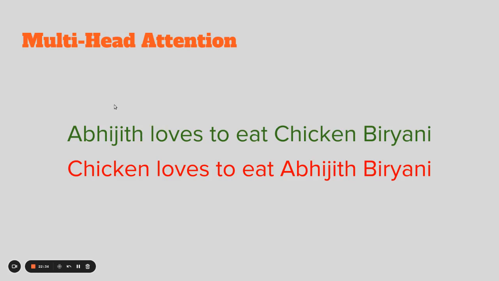Let's imagine that we are calculating an output. Assume that this is our input sequence: h1, h2, h3, h4, h5, and h6. Say we are calculating the output corresponding to biryani, so the output is y6. When you're trying to calculate y6, what will you first do?